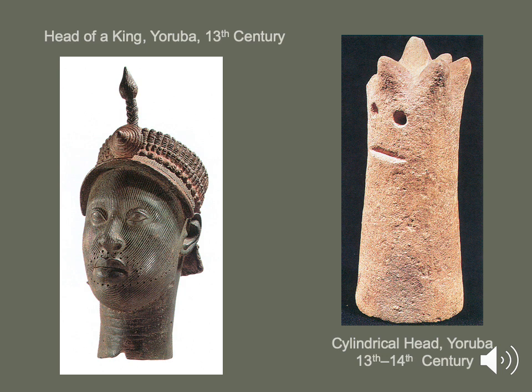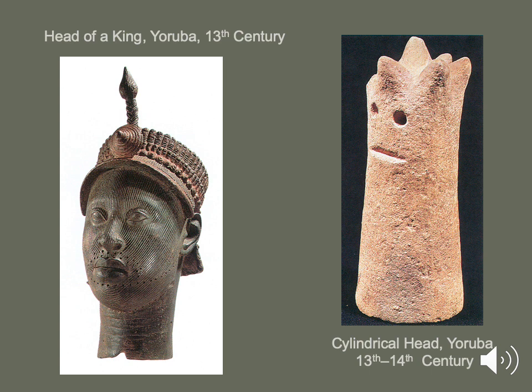Now, why would a culture, an artist who could create a representational work like the one on the left, also choose to represent the human figure so abstractly and then bury them alongside each other? Well, one explanation is that the figure on the left, the head of a king, is a representation of the physical being of the king.